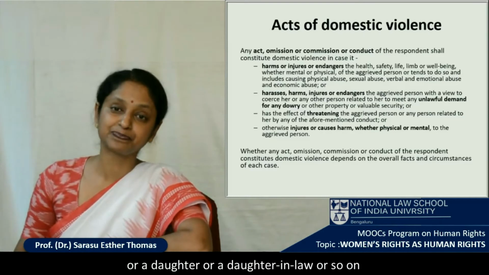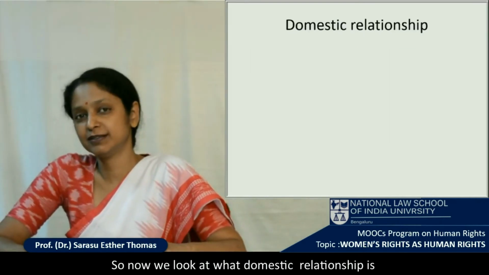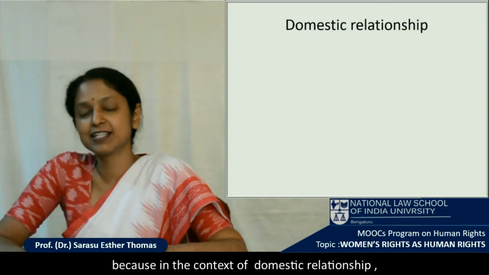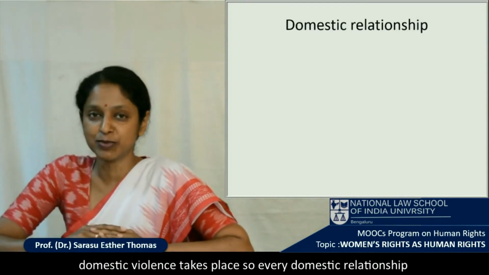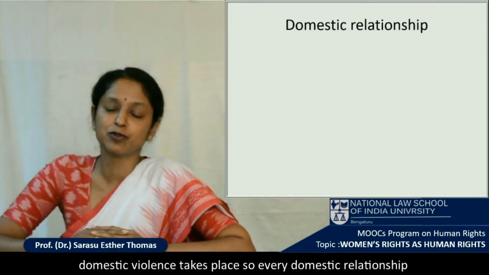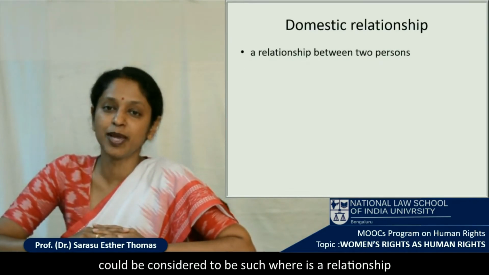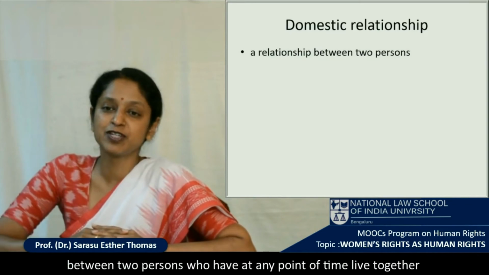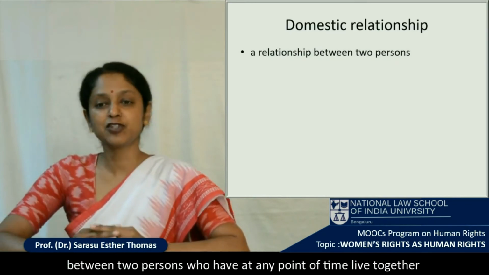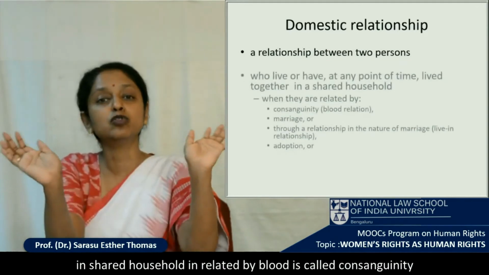So now let's look at what a domestic relationship is, because it is in the context of a domestic relationship that domestic violence takes place. Every domestic relationship could be considered to be such where it's a relationship between two persons who have at any point of time lived together in a shared household.